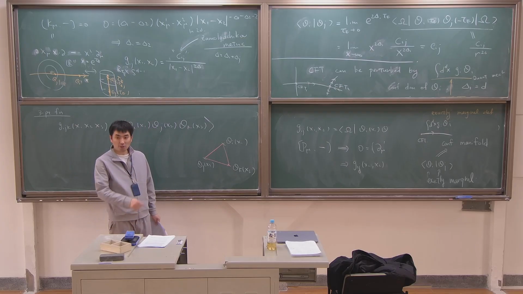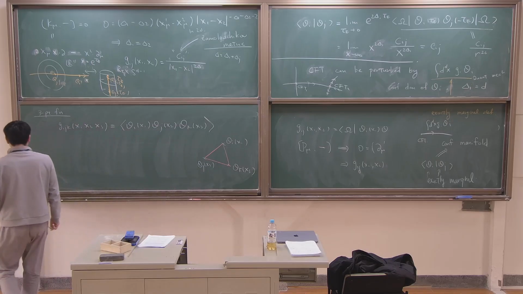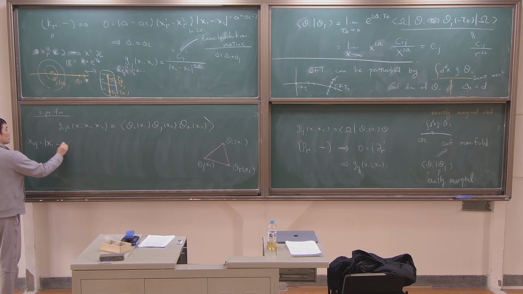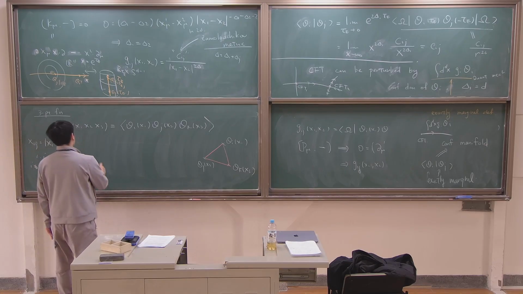Now I write down the relative distance x_ij between x_i and x_j, where i and j label the points. That's my definition. And now we do the same steps as before, the same exercise, using the scaling transformation.